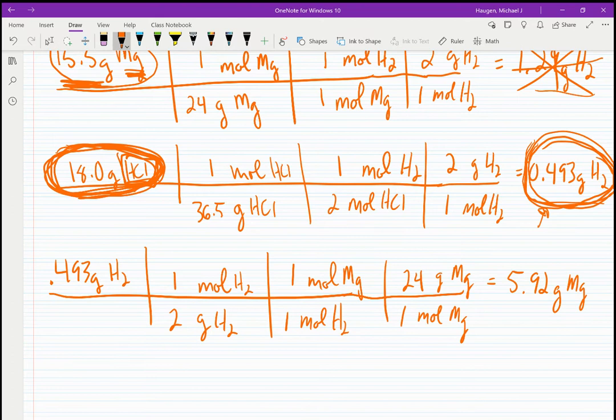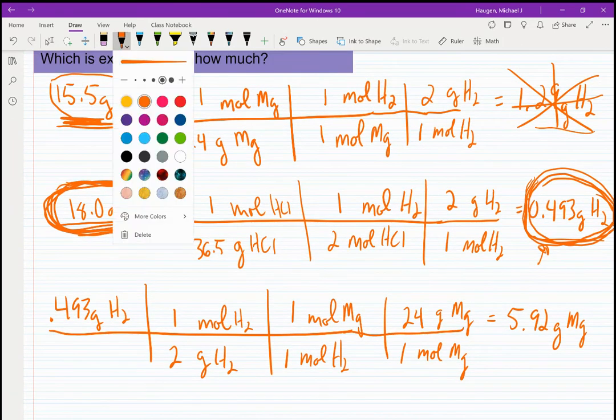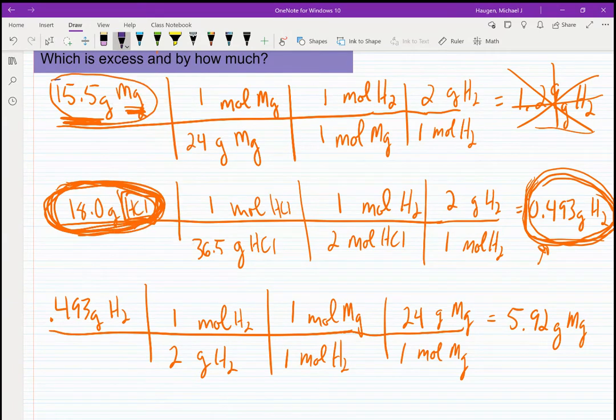So we're saying if I start with 15.5 grams of magnesium, I don't use it all to make the 0.493 grams of hydrogen. I only use 5.92 grams of it. And so how much is left over?